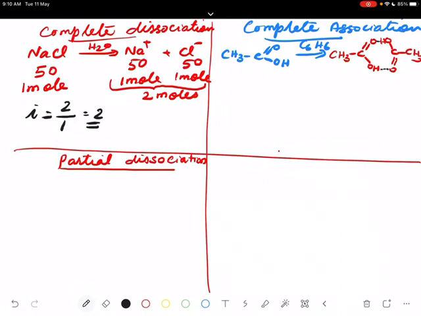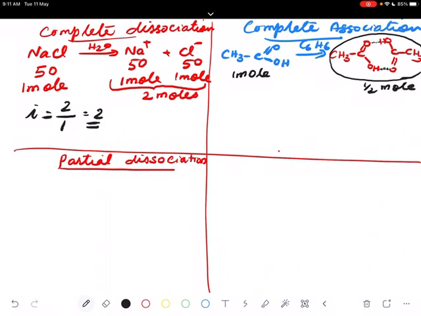So this will act as a single molecule. Suppose you are taking 1 mole here, 1 mole. So you will be having half mole here.